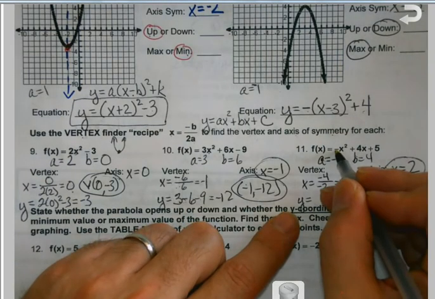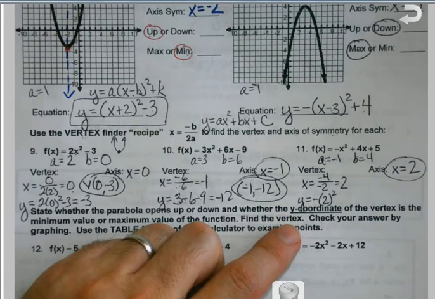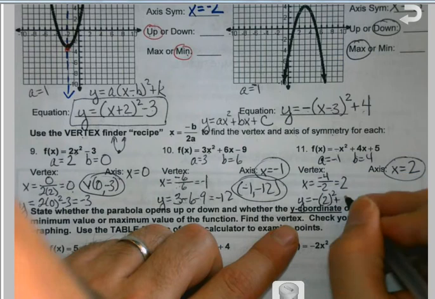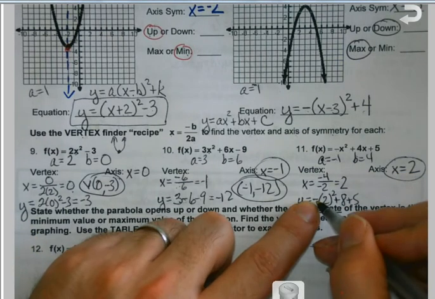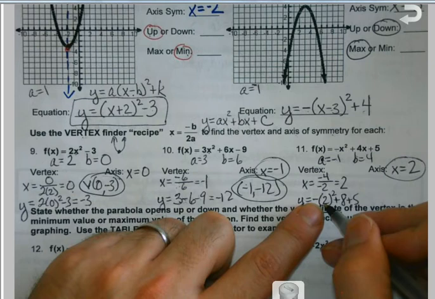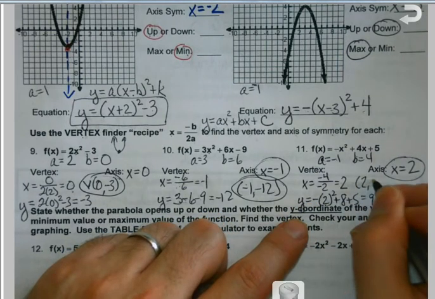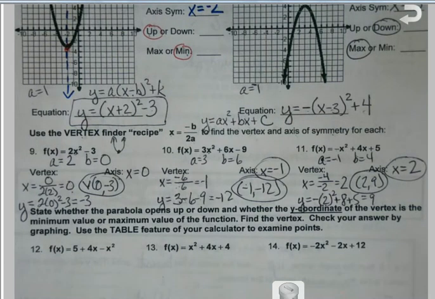That negative is not part of what I'm squaring. That's out front. And then 2 times 4 is 8 plus 5. So I'm going to have -4 since that negative is lurking. So -4 plus 8 is 4 plus 5 is 9. 9 is my vertex, no matter which format I'm doing it in.